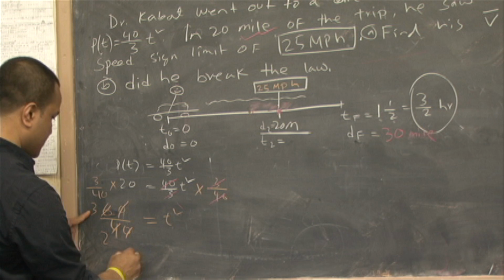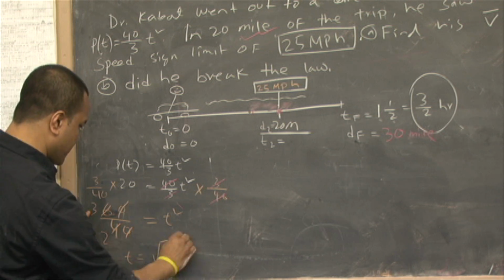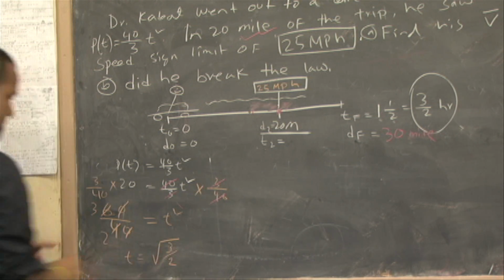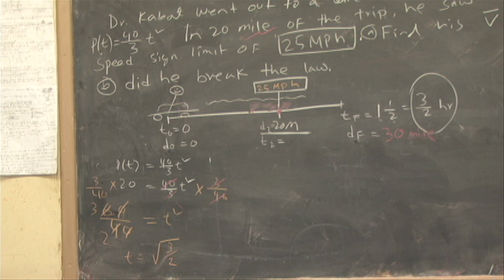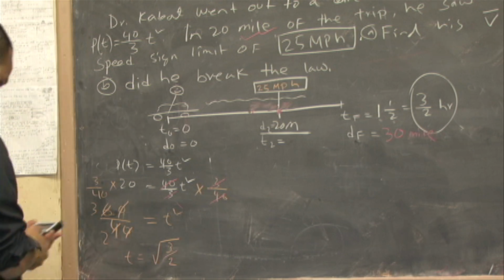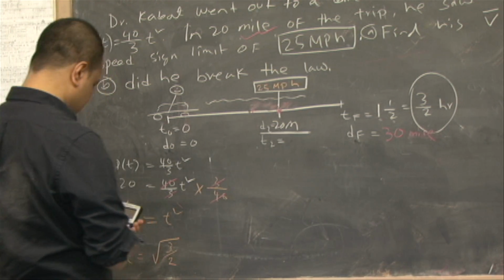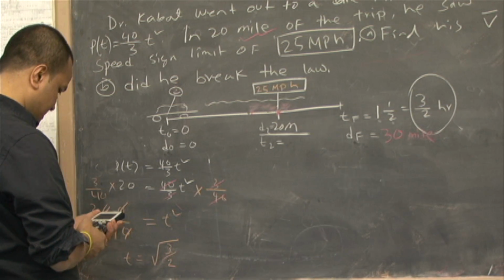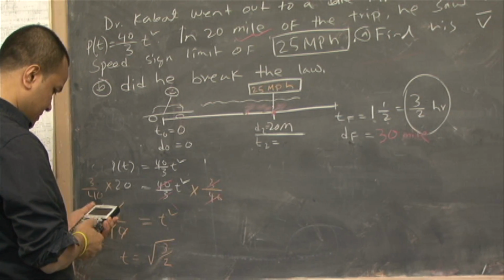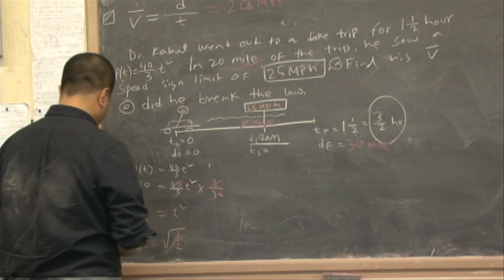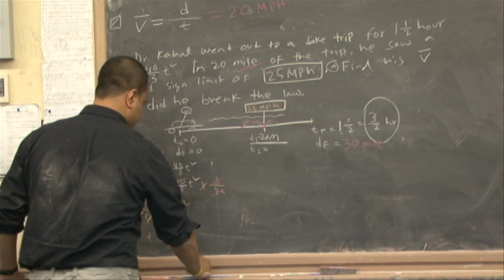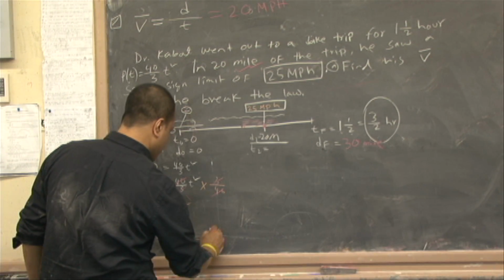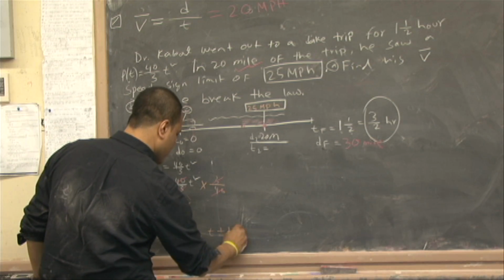So then T² is equal to 3/2. What does that give us? Let's use the calculator. The square root of 3/2 gives us 1.22.